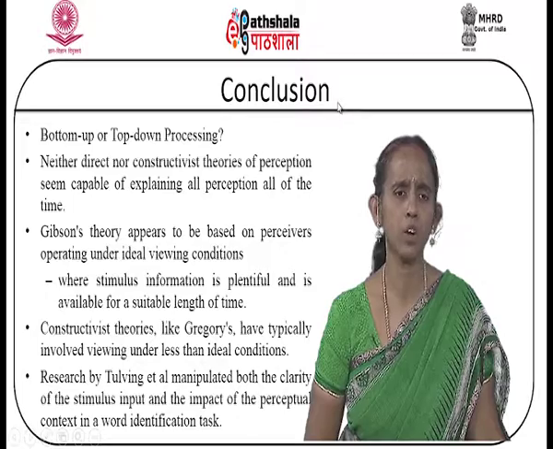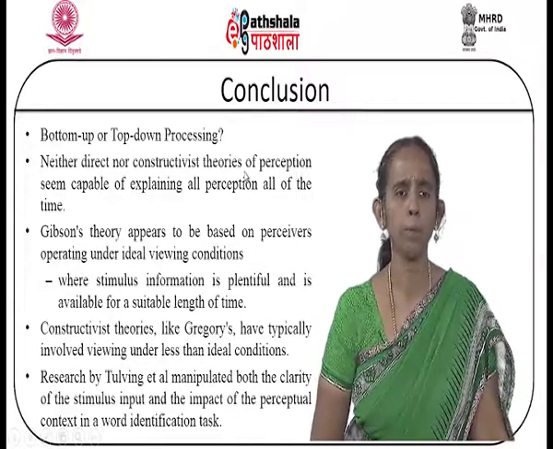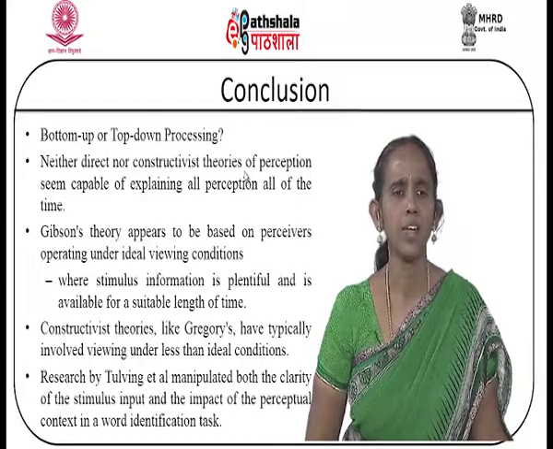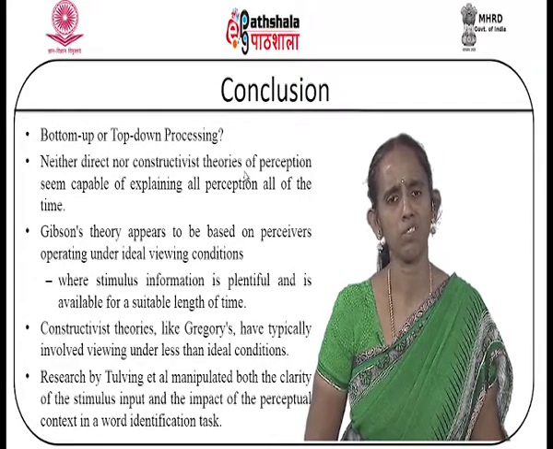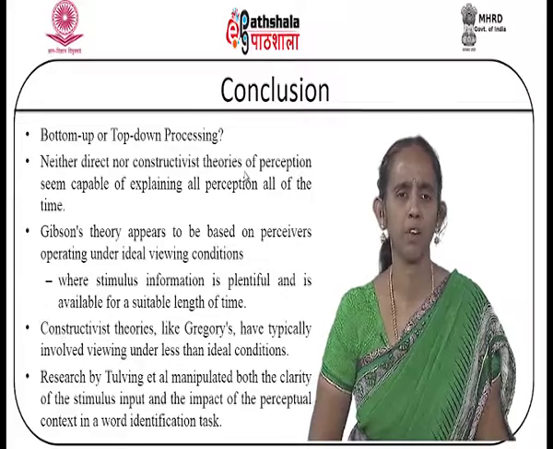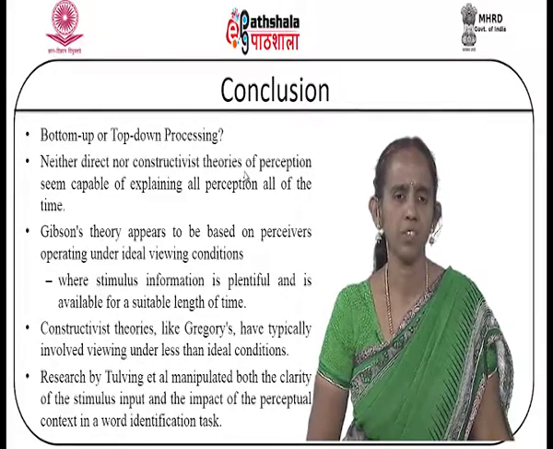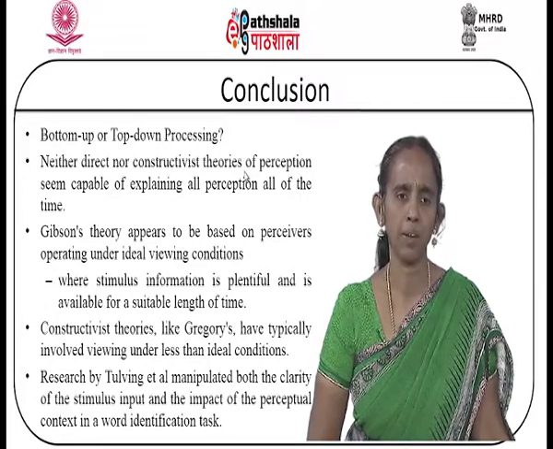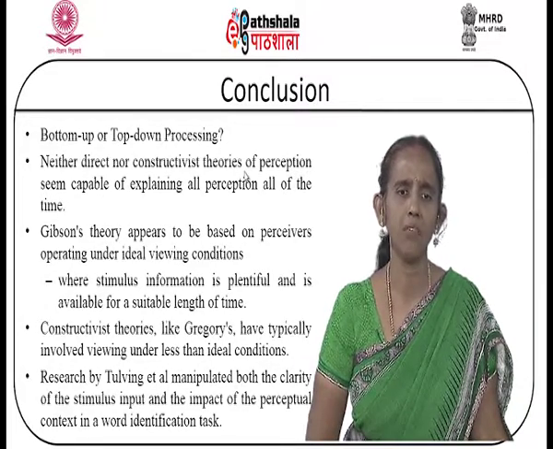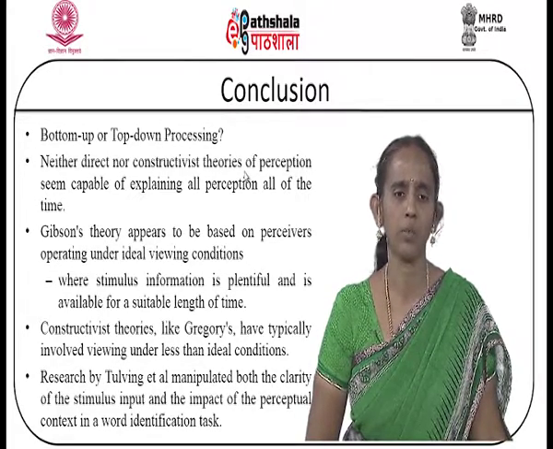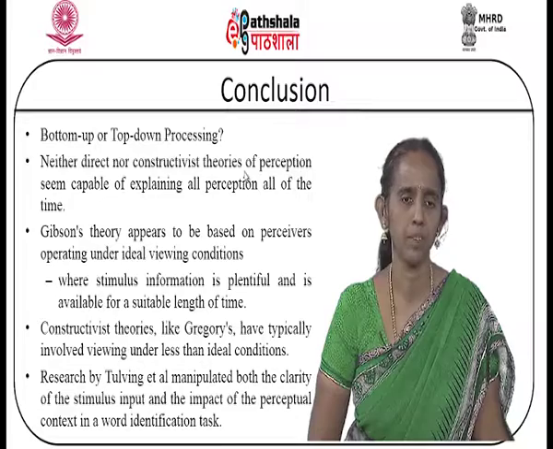So when we conclude whether it should be a bottom-up or top-down process of visual perception, neither direct nor constructivist theory of perception seems capable of explaining all perceptions at all times. Gibson's theory appears to be based on perceivers operating under ideal viewing conditions, where the stimulus information is plentiful and is available for a suitable length of time.